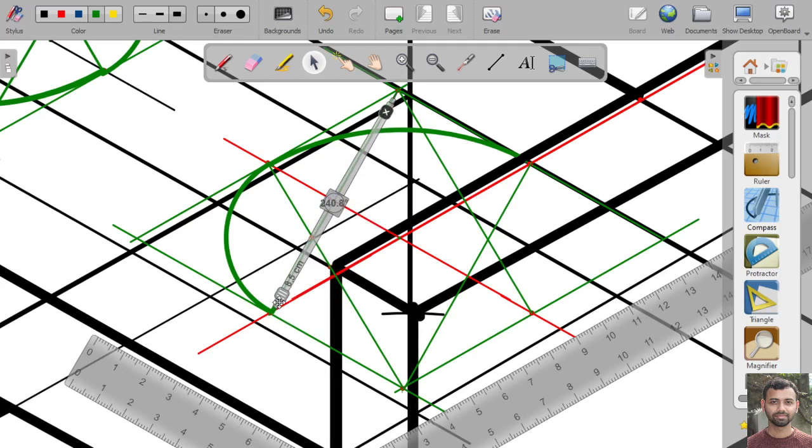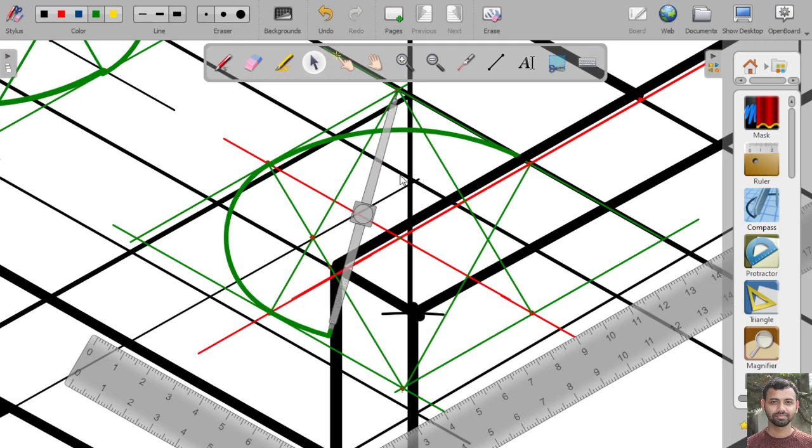So if we draw it, okay, up to this portion.